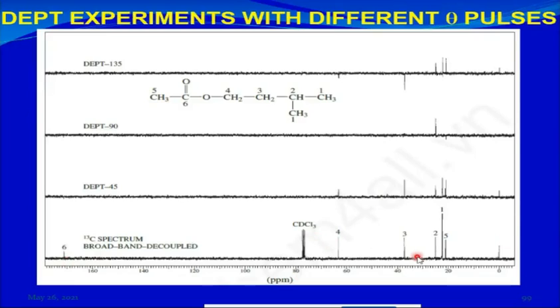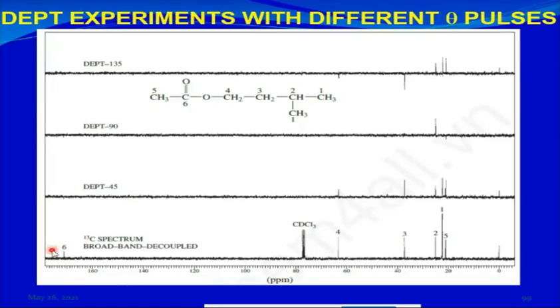Rest of the 5 signals are from carbon atoms that have hydrogens attached to them, either 1, 2, or 3 hydrogens. But from DEPT 45, we cannot differentiate between CH, CH2, or CH3, but we can identify the quaternary carbons.